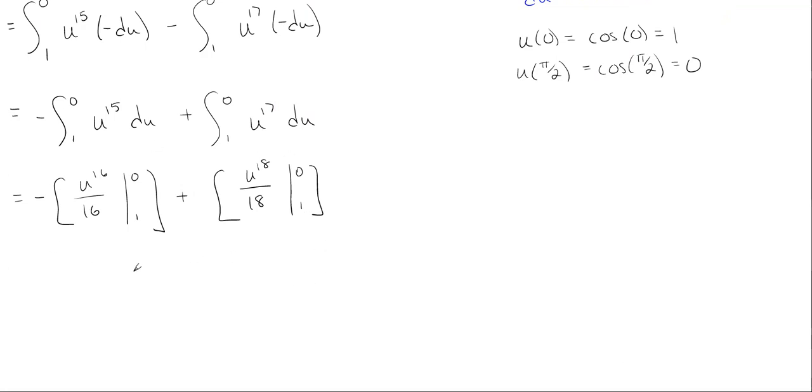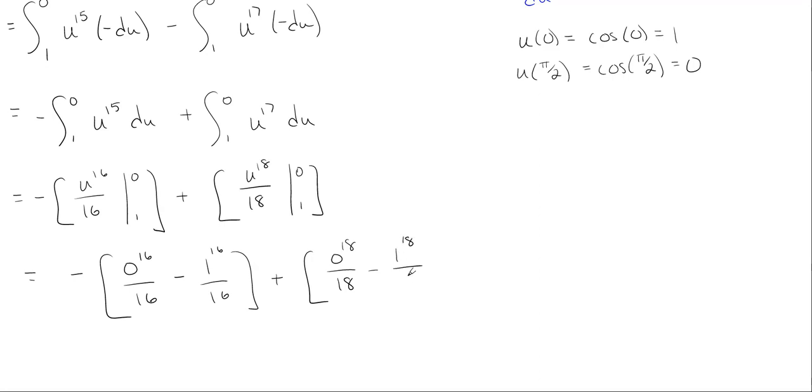So let's go ahead and evaluate this. We would end up with a minus, well, it would be 0 to the 16th over 16 minus 1 to the 16th over 16, and then plus 0 to the 18th over 18 minus 1 to the 18th over 18. Essentially we end up with 1 over 16 from the first portion.